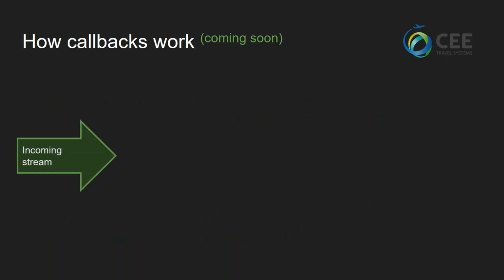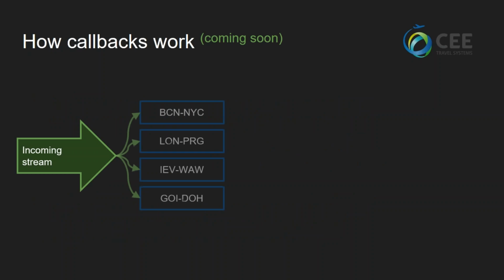Imagine that we have an incoming stream of data from Travelpod, and we split each proposal into categories by cities of origin and destination. So here's Barcelona, New York City. Here's, for example, London, Prague, etc. And we have a list of all possible city pairs that have ever been searched by Travelpod.